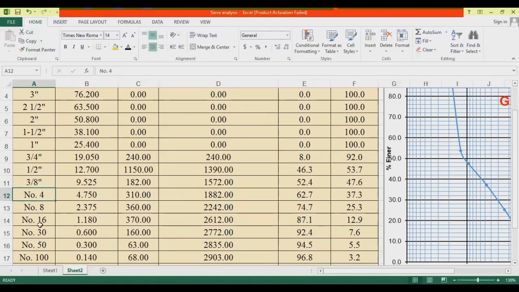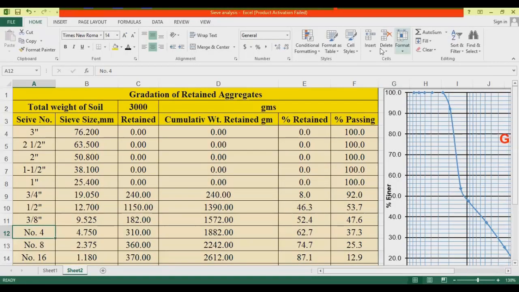Okay. Now, what this number means? What this number 4 means? It means that in 1 linear inch of that sieve, we are having 4 openings. Okay, guys. The second column is related with the sieve sizes in millimeter.